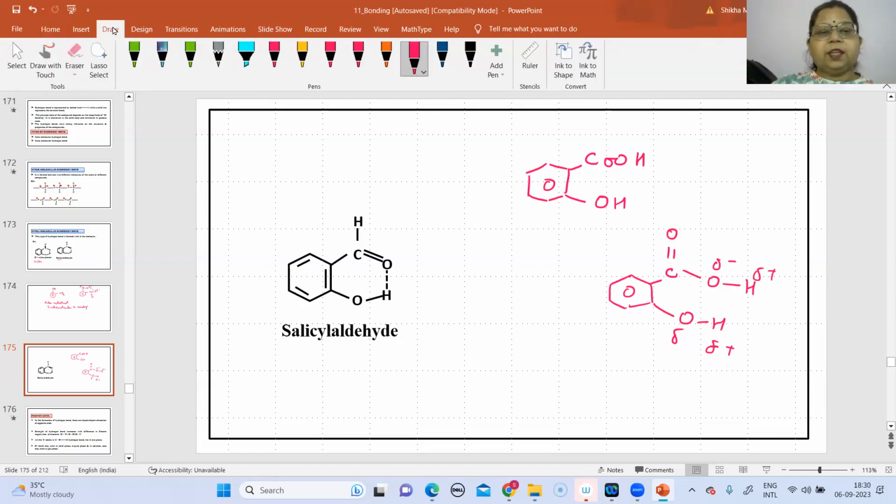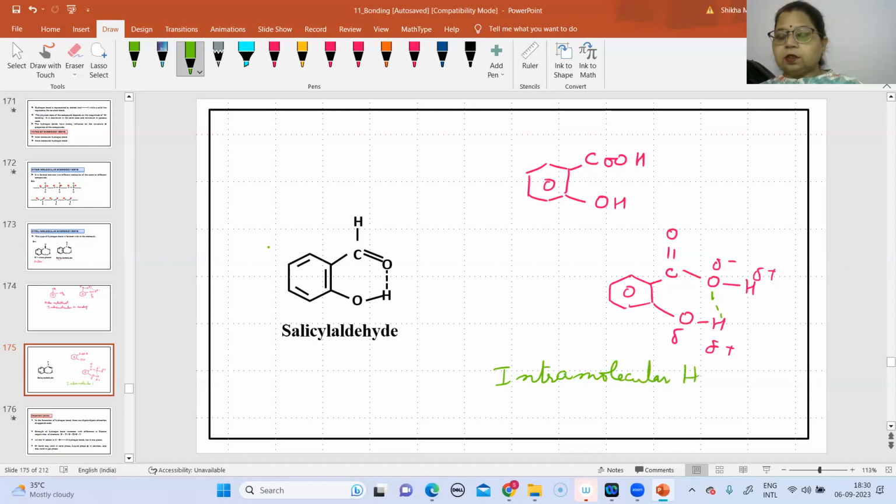So what best can be done? This oxygen can form a hydrogen bond with this. Again, this is an example of intramolecular hydrogen bonding, right?